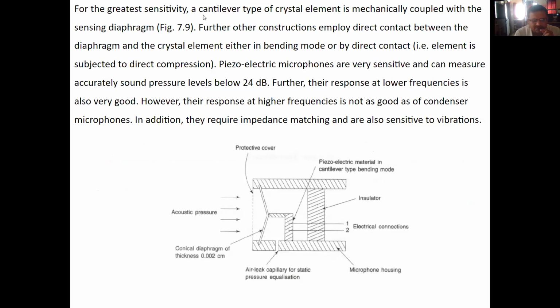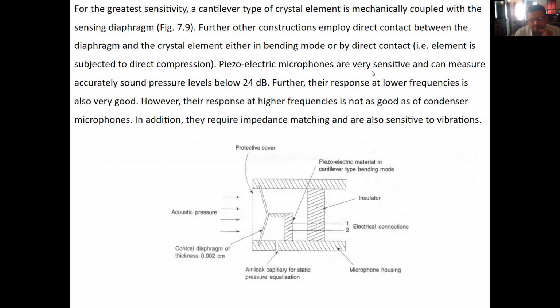For the greatest sensitivity, a cantilever type of crystal element is mechanically coupled with the sensing diaphragm. Further, other constructions employ direct contact between the diaphragm and the crystal element, either in bending mode or direct mode, that is, the element is subjected to direct compression.